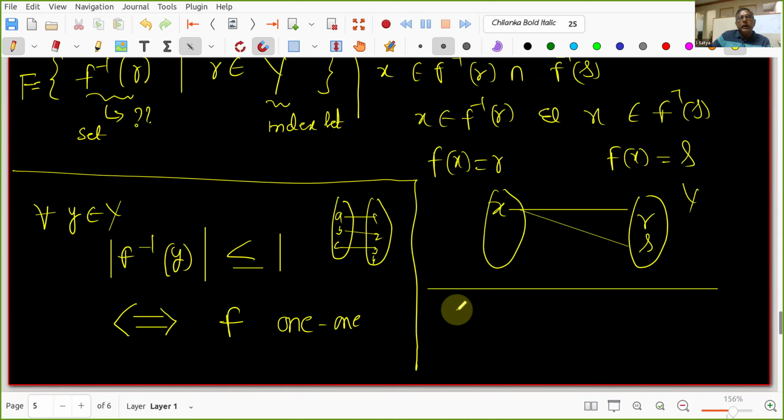What about onto? From this can I get f inverse of y? Somebody tell. I'm telling now f is onto. Now you tell me this condition here. Does anyone want to comment?